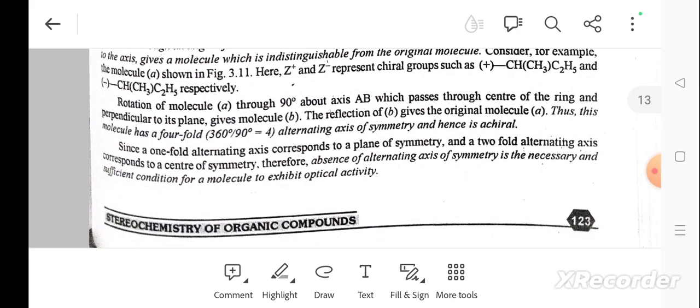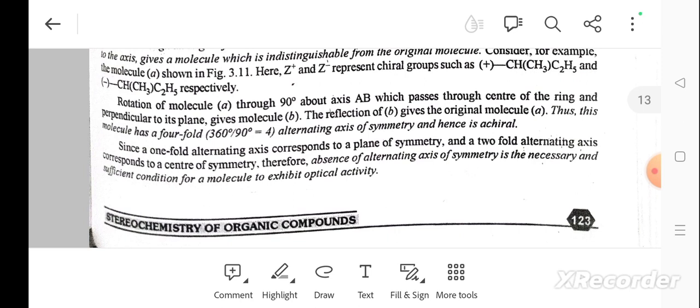Here, Z plus and Z negative represent the alkyl groups, CH3 and C2H5.